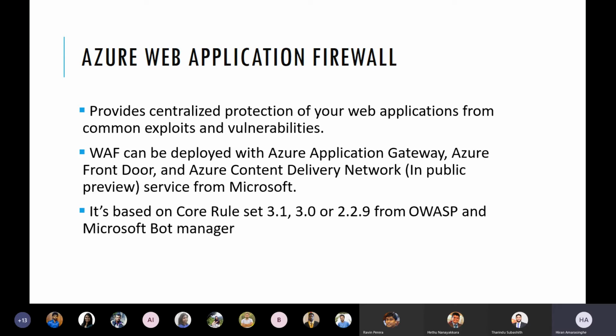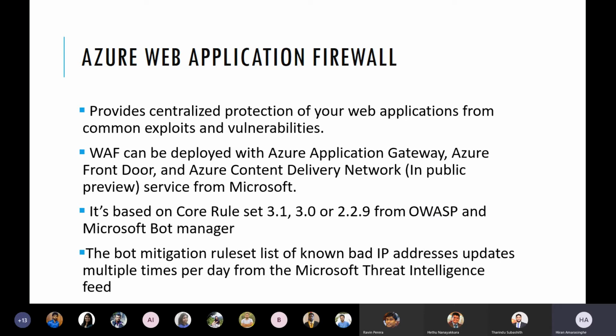It's based on the OWASP core rule set 3.1, 3.0, or 2.2.9, but you can only select one of these. And also the Microsoft Bot Manager rule set. I will show you how you can select and configure a WAF in Application Gateway.